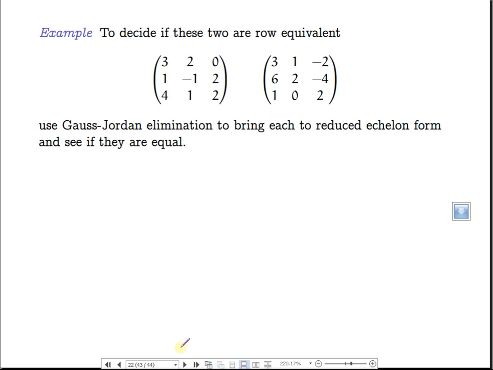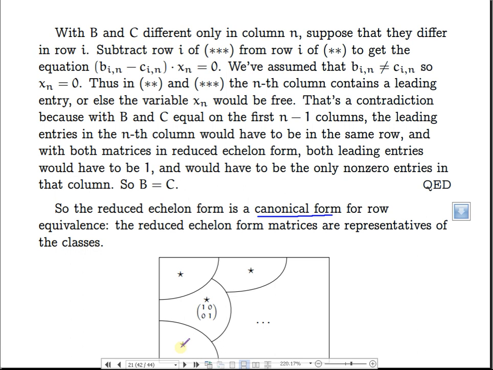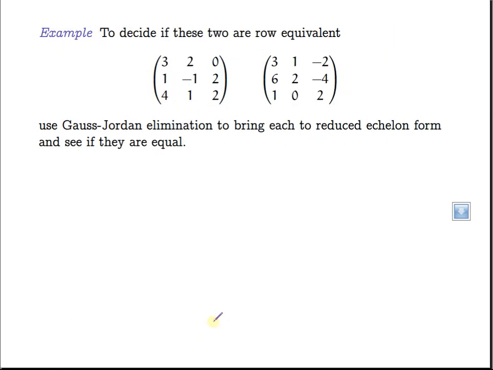So if I want to decide whether two matrices are row equivalent, they must be equivalent to the same reduced echelon form, right? Because if they're in the same class, they're in the same class with exactly one reduced echelon form. So I can reduce each one separately to the same reduced echelon form.